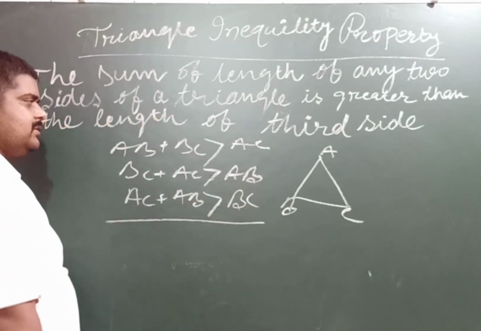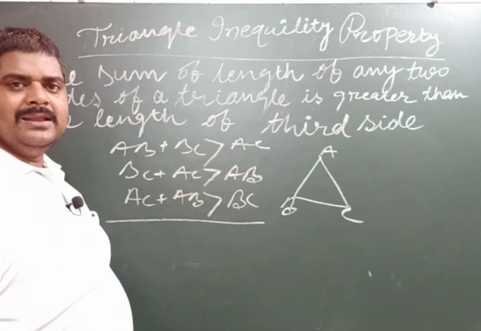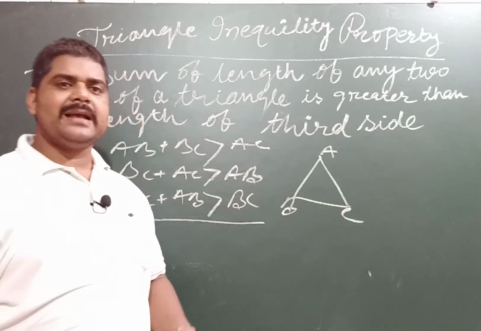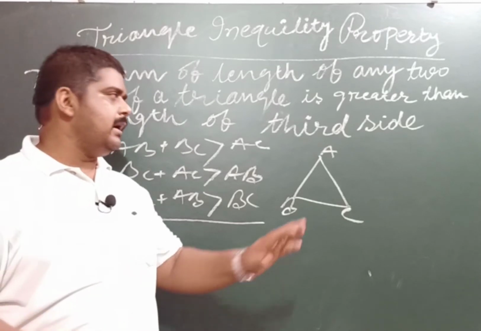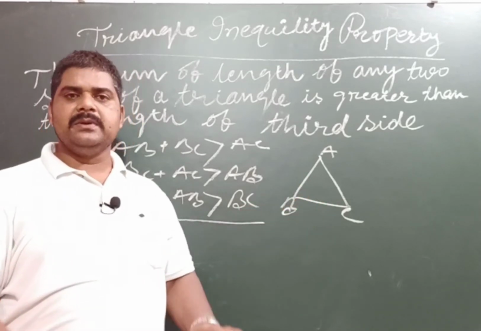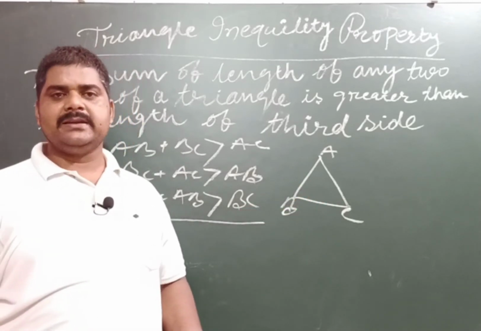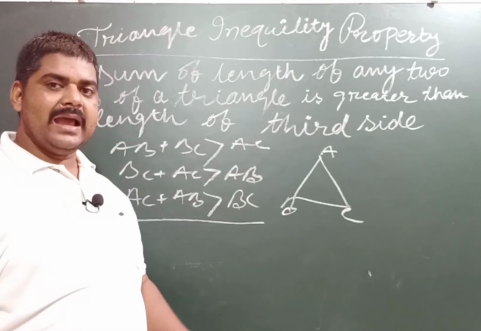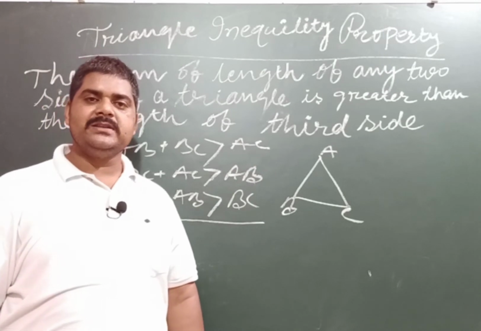This property is known as the triangle inequality property. In some questions the lengths of the sides are given, and you have to find out whether a triangle is possible; then you have to use the triangle inequality property.